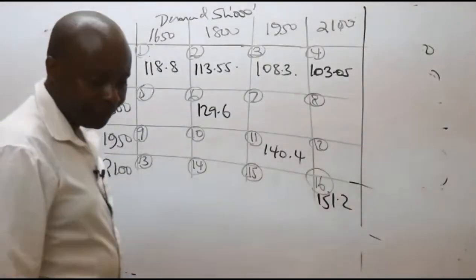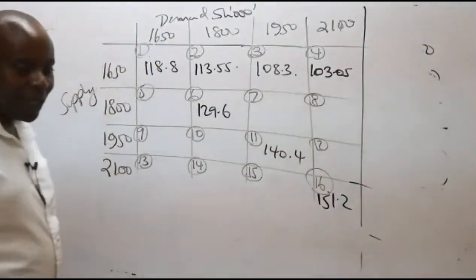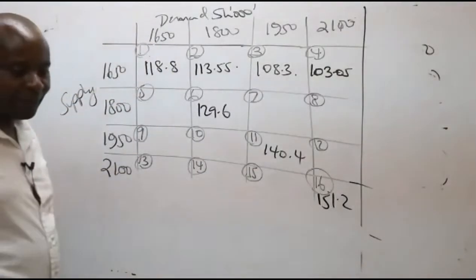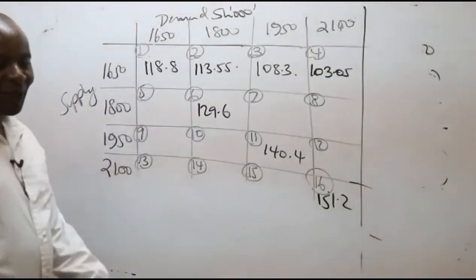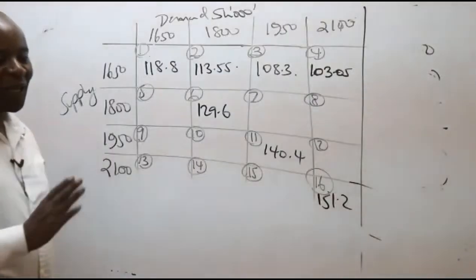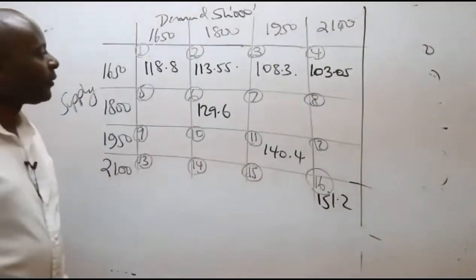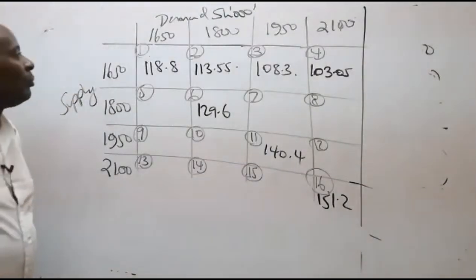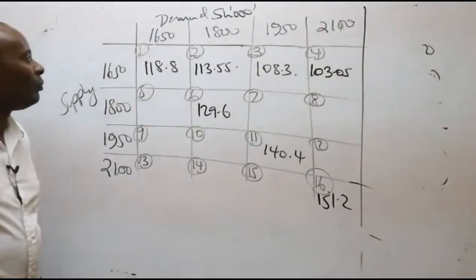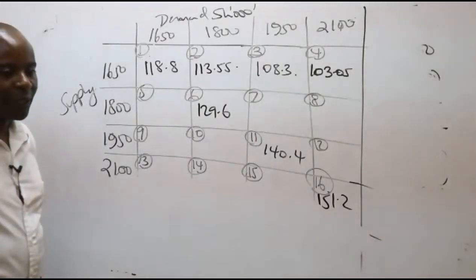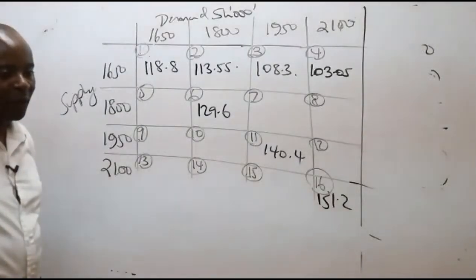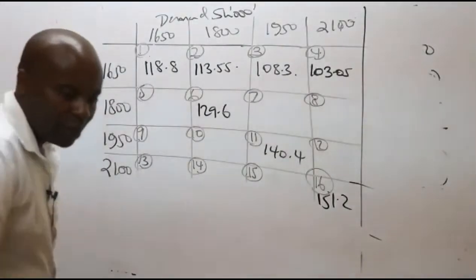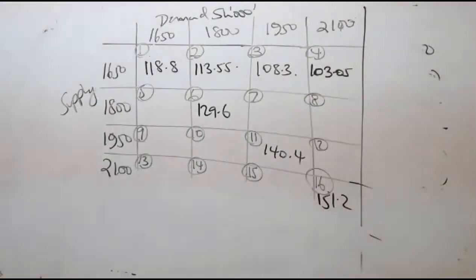Already someone has gotten cell number 5. I'm waiting for you to give me the profit of cell number 5. Please give me the profit of cell number 5. Talk to me. Cell number 5, what do we have?